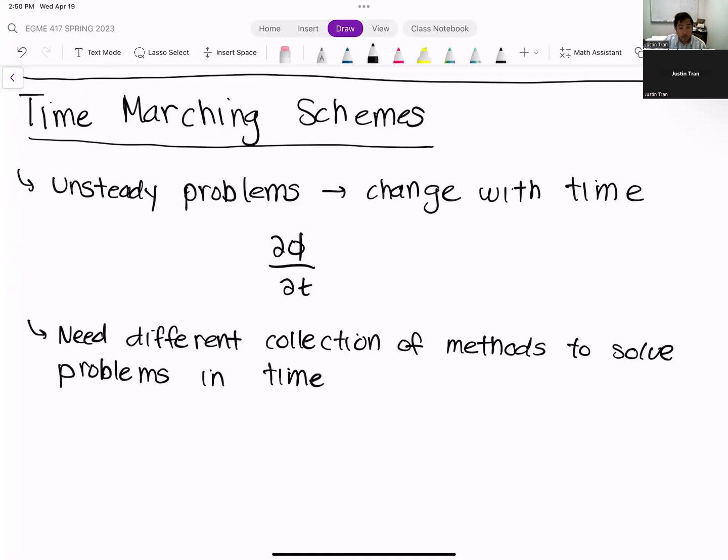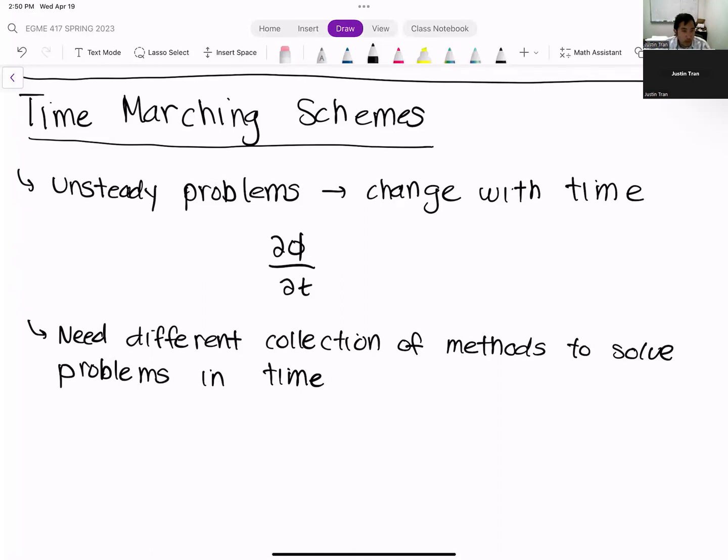Right, and that's what the time marching schemes are. Time marching is basically how we solve these types of problems with time. We're still going to rely on our fundamentals of finite differences, and that stuff's not going to change. It's just how we apply them and how we transform them into equations that is going to be different.